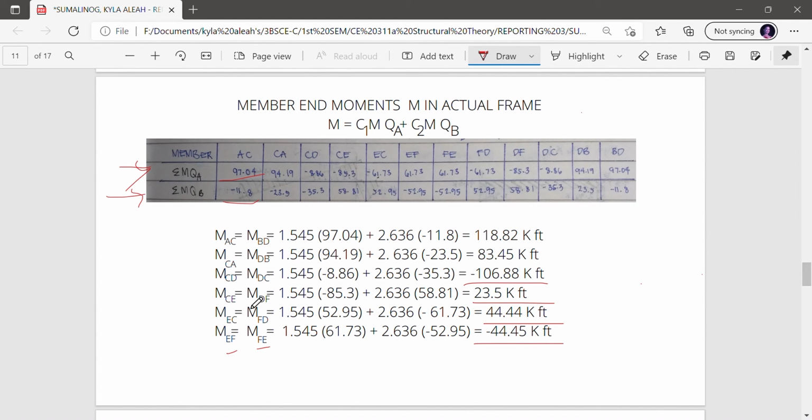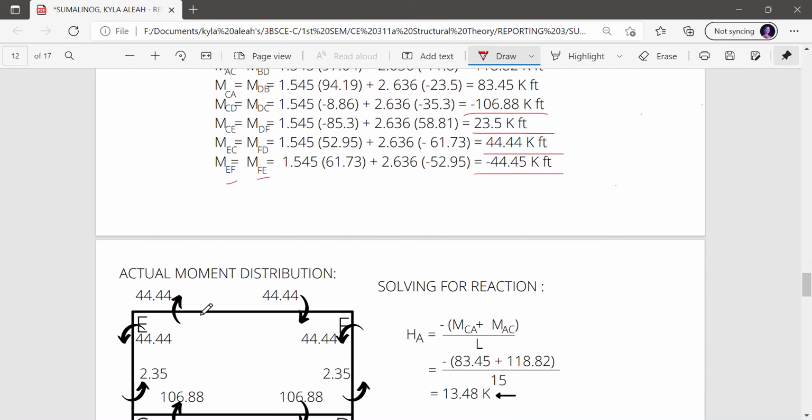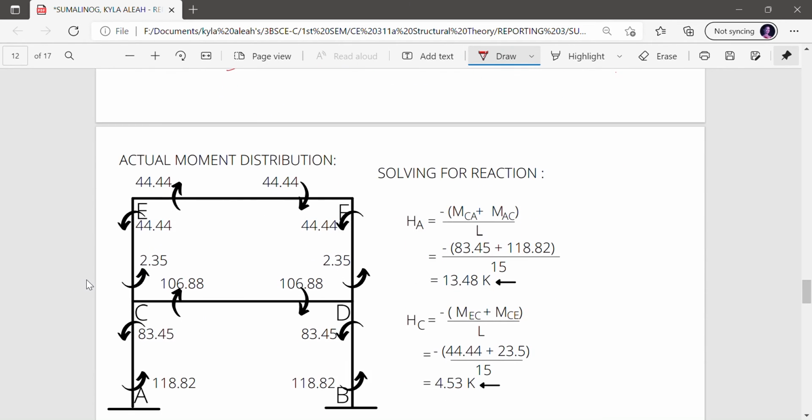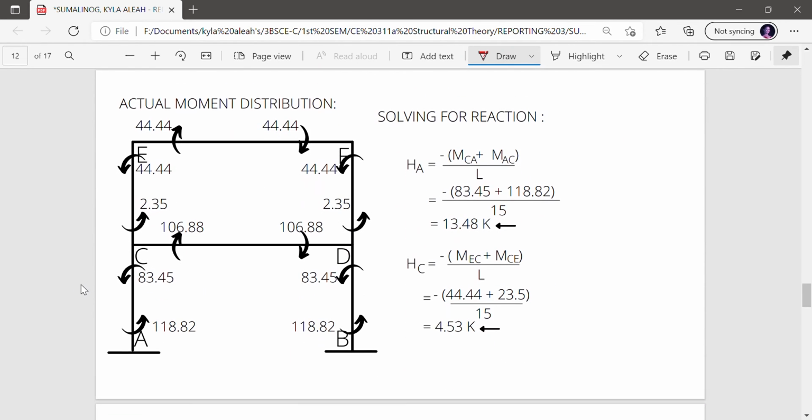So those are the member end moments M in the actual frame on each member. Here is our actual moment distribution; that is how our moments look on the frame. Solving for the reactions, HA equals negative (MCA plus MAC) over L, equals negative (83.45 plus 118.82) over 15, that is 13.48 kips, negative.